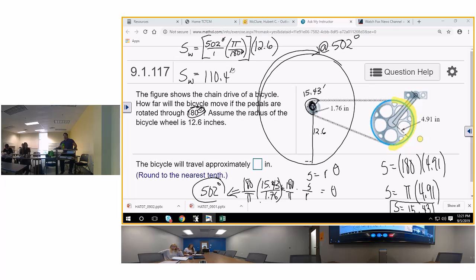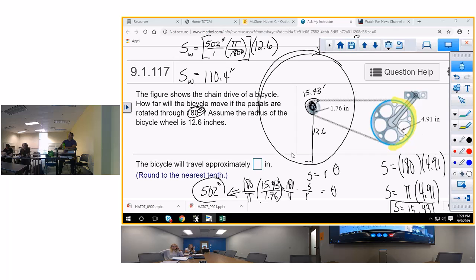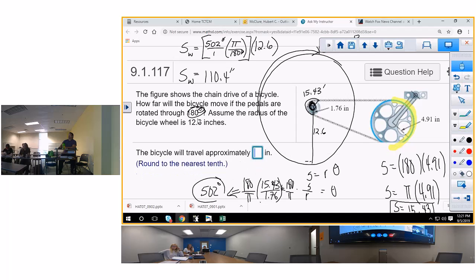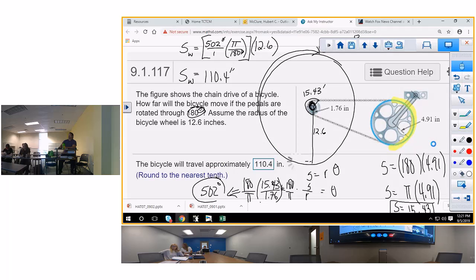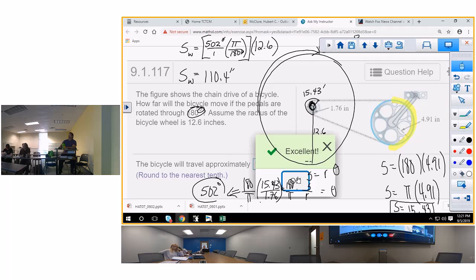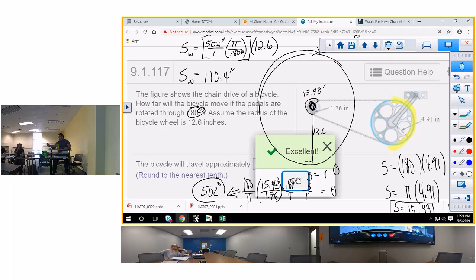Okay, let's see what we get. Of course, I will be lenient on this question, because I used 502 degrees, since this was to the nearest degree. There weren't any seconds or minutes. So 110.4. Now, did you keep your 502 in there? Did you keep your decimal in there? No, I converted it to radians.